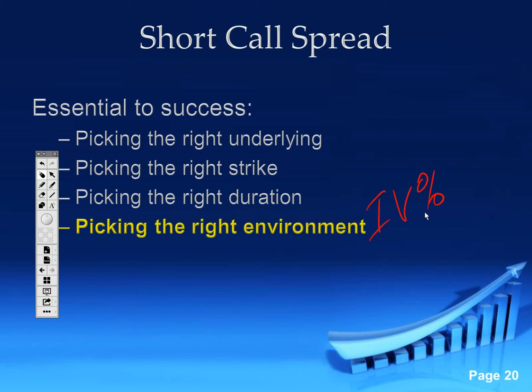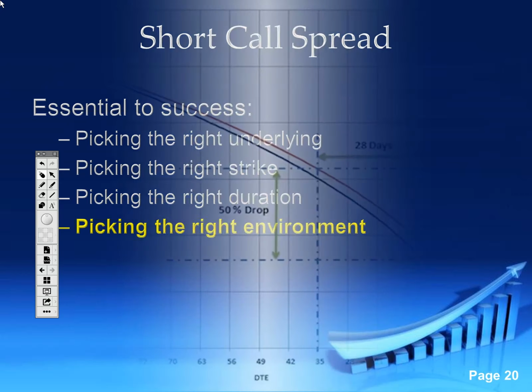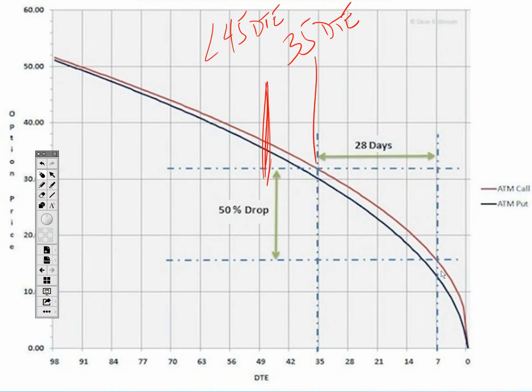Yeah, theta's in there, but theta's already eaten away at our premiums to a point where, yes, there is a lot of theta decay going on here, but remember, 50% of our drop in premium happens right in this area here. That is what we're trying to accomplish.